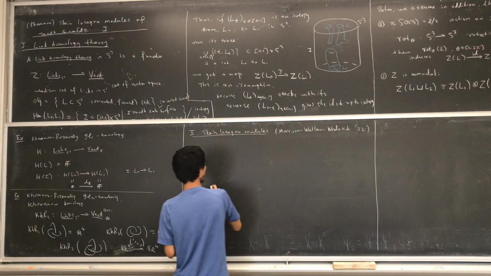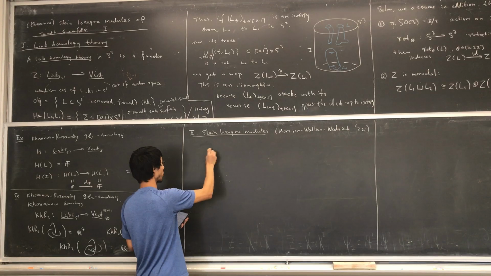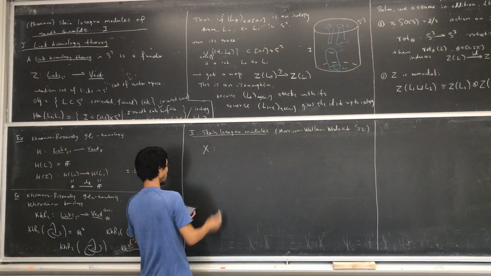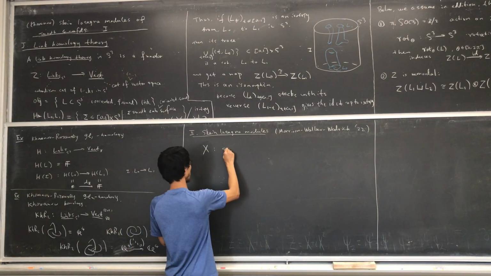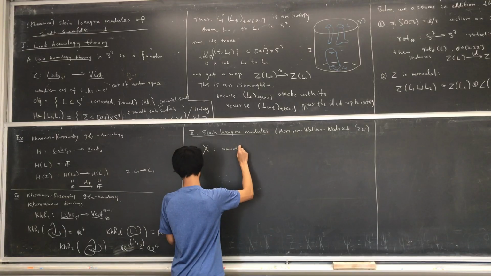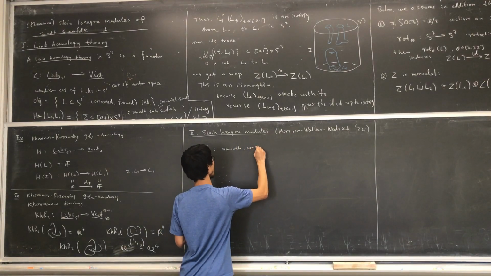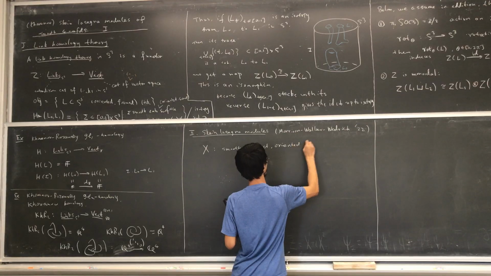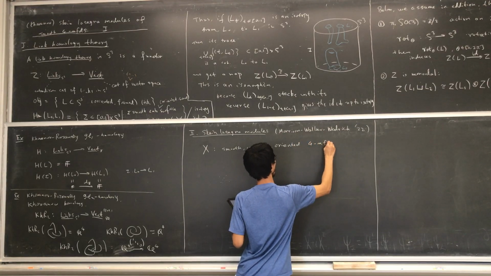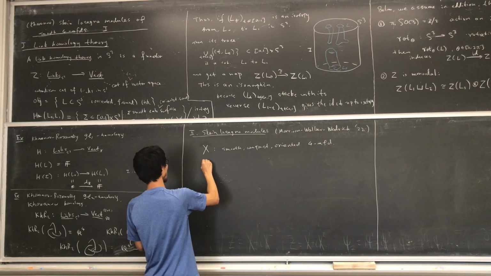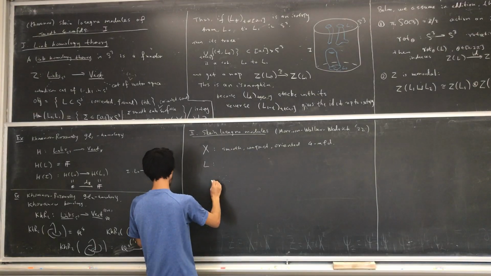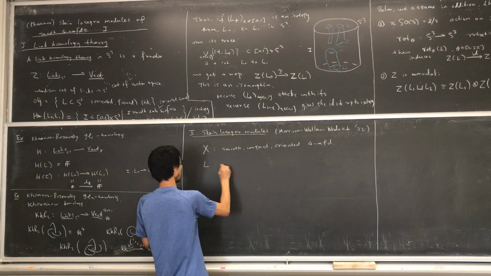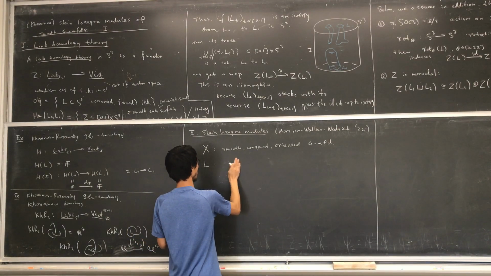So the invariant will be associated to a pair: first, a smooth compact oriented four-manifold, and second, a link, let's say oriented.